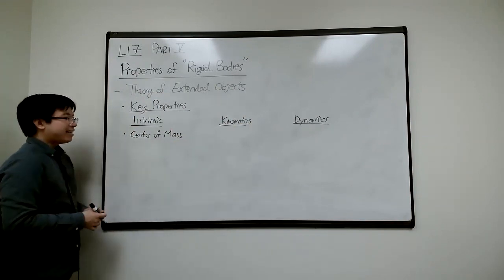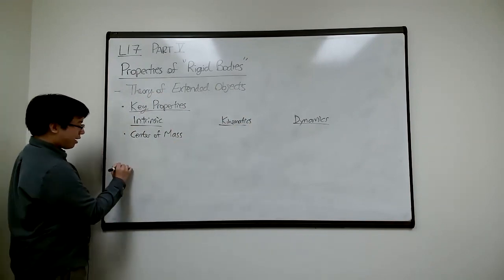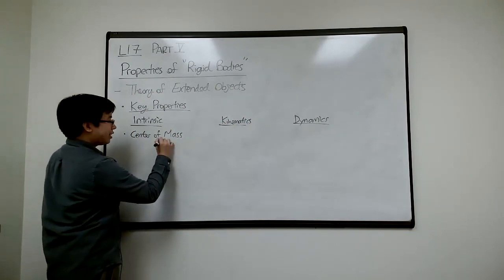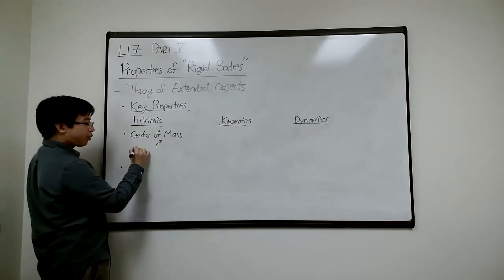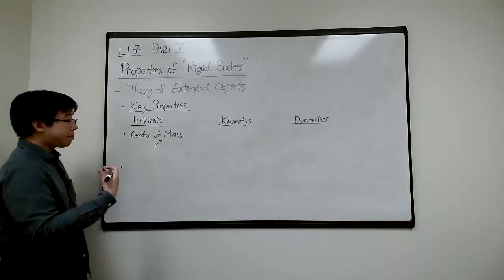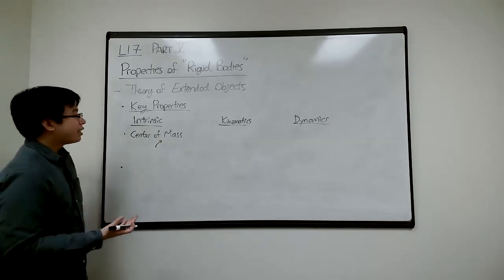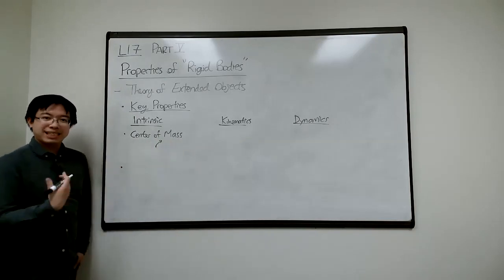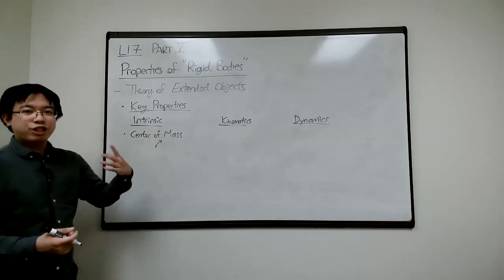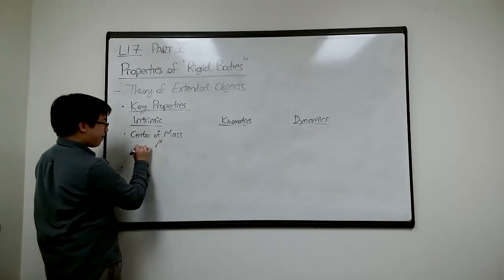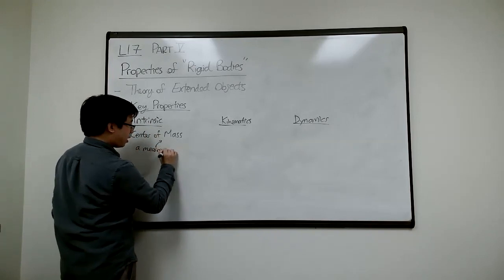And then there's another concept, right? So mass, in some sense, what was the definition of mass? It is a measure of its inertia. Inertia is a resistance to motion. So mass is a measure of the object's resistance to motion.